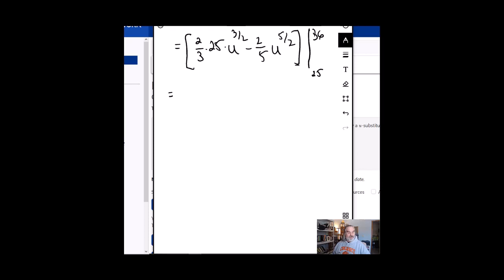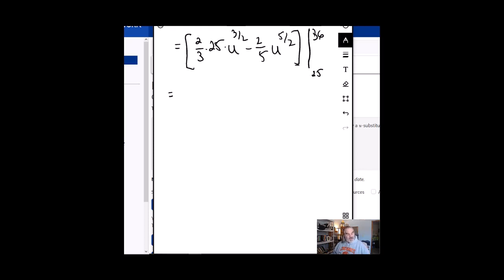We will persevere. So, first of all, let's recognize that u to the 3/2 is u to the 1/2 cubed, okay? And u to the 5/2 is u to the 1/2 to the 5th. And remember that u to the 1/2 is the square root of u. So it's nice that these endpoints just happened to come out to be perfect squares.